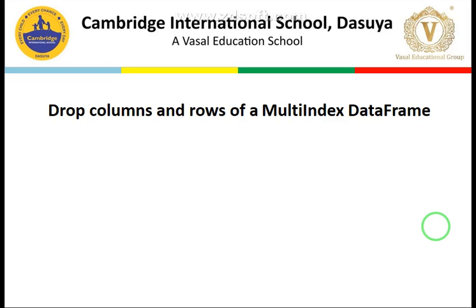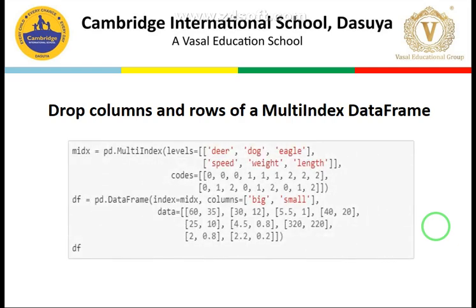Now we are into a scenario that we encounter in real life. You see here in this slide that I have levels of the index. Multi-index means I now have multiple indexes.